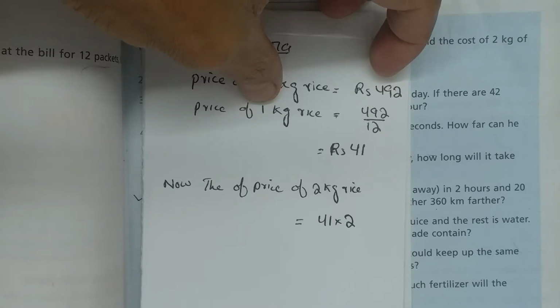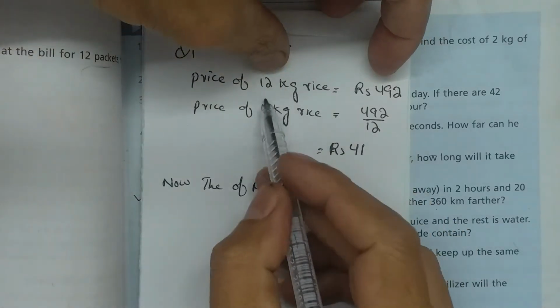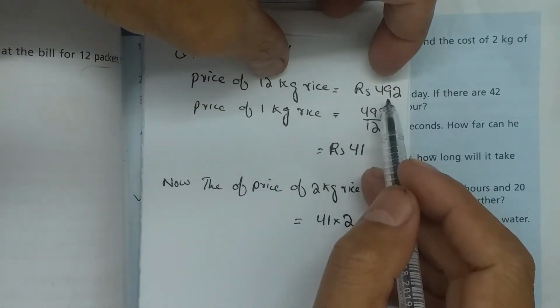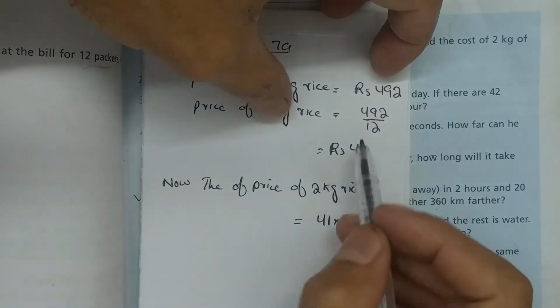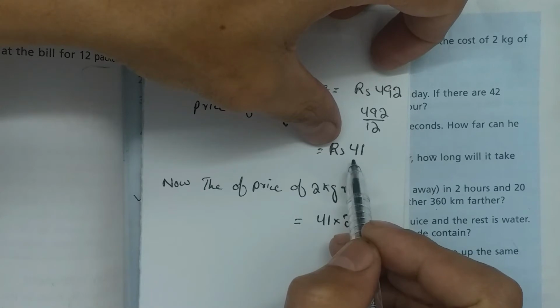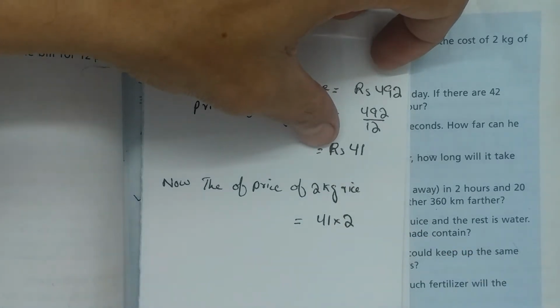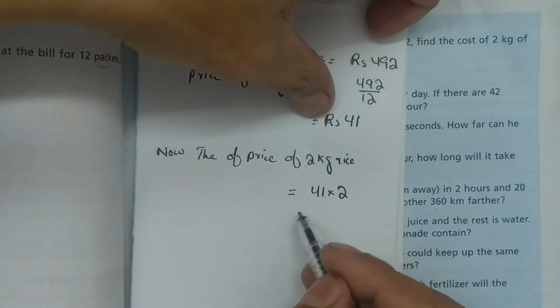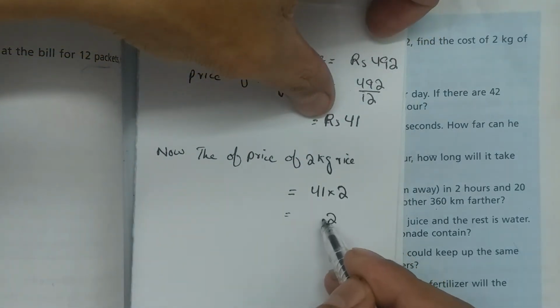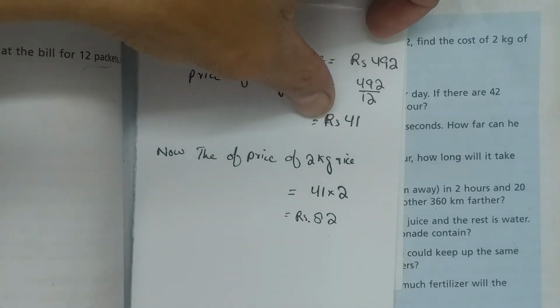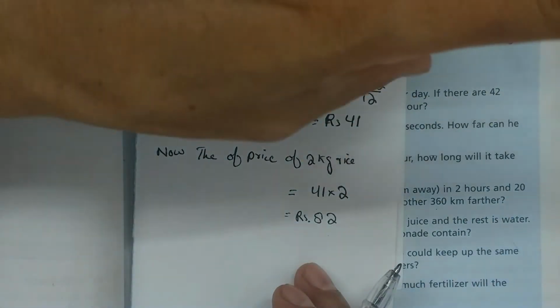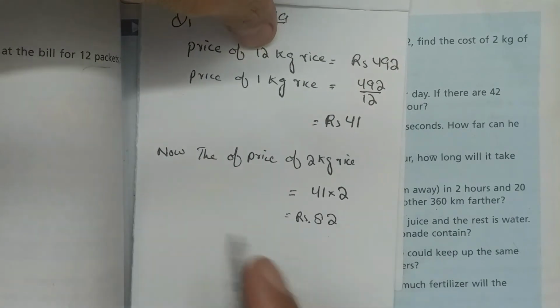The price for 12 has been given here, so the price for 1 you have to find out, and it is 41 rupees. Then for the price for 2, for 3, for 4, just multiply it with that one. So 2 4s are 8, 2 1s are 2. Rs 82 is the price of 2 kg. Very simple.